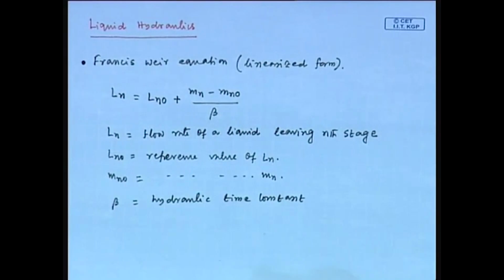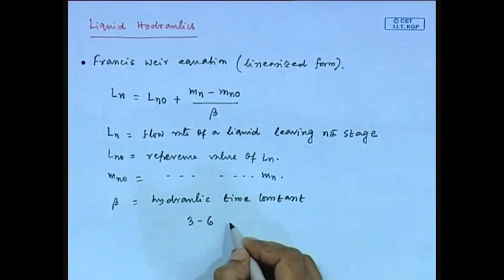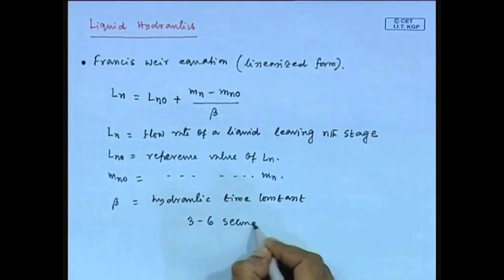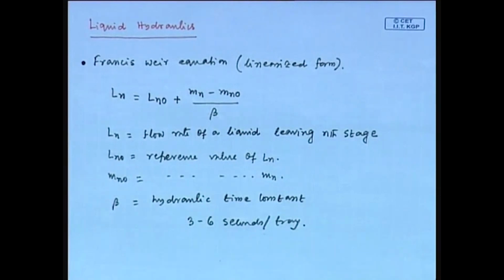The value of beta is typically taken in between 3 to 6, not minutes, seconds, for each tray. So, beta is the hydraulic time constant, typically 3 to 6 seconds for each tray.